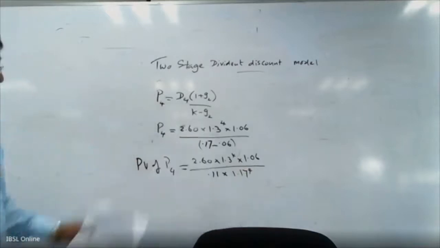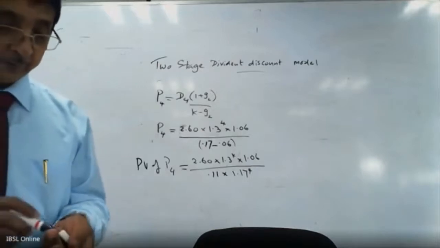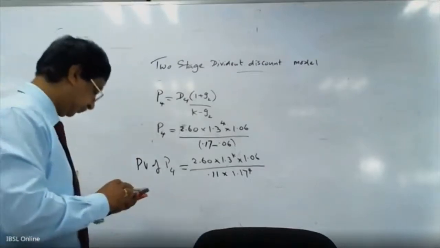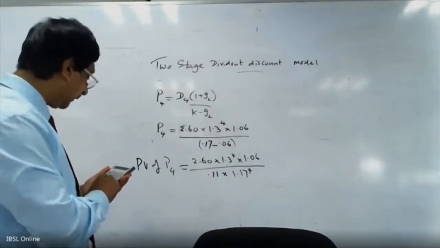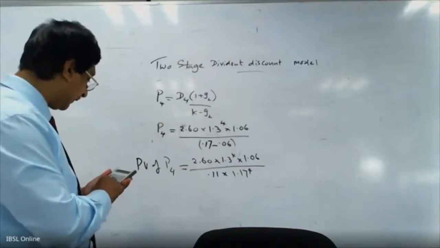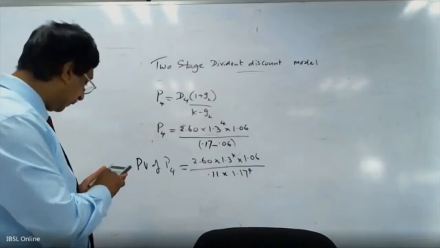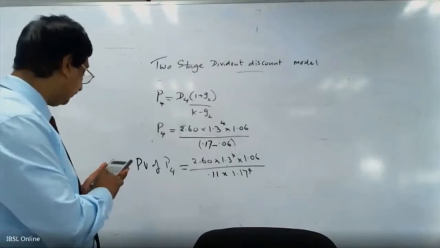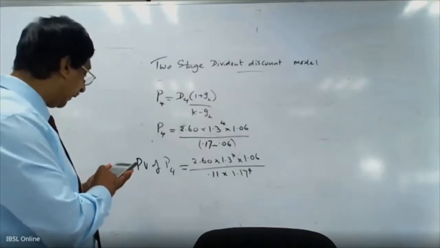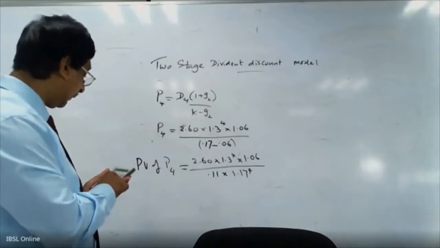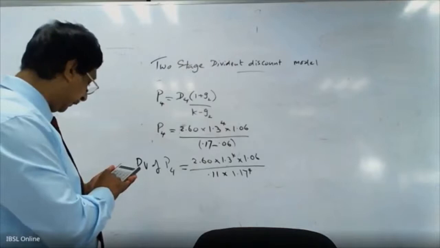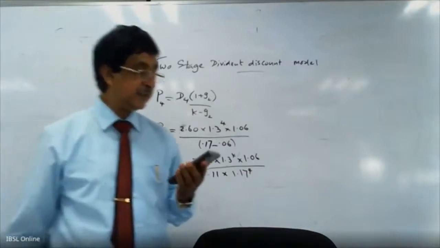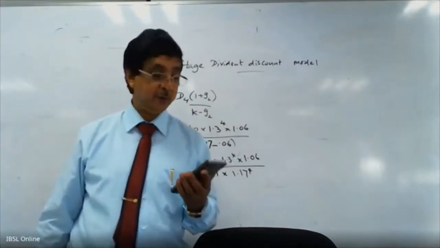Now if you work it out, 2.6 into 1.3 to the power 4 into 1.06 divided by 0.11 divided by 1.17 to the power 4, you would get the answer 38.187.